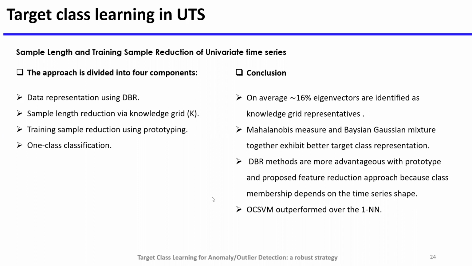And it has also been shown that one-class support vector machines were better compared to one nearest neighbor. At the same time, it has also been observed that DBR and the Bayesian Gaussian mixture together exhibit better class representation.